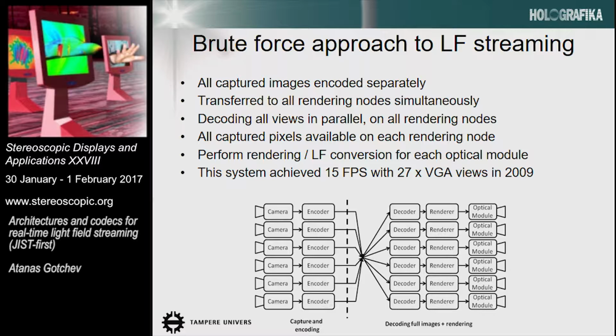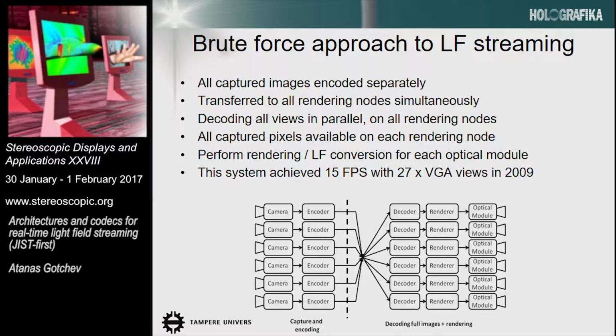So in order to handle the data from such a topology, from camera to display modules, optical modules, we need to encode each camera stream and then to present the proper rays to each renderer.